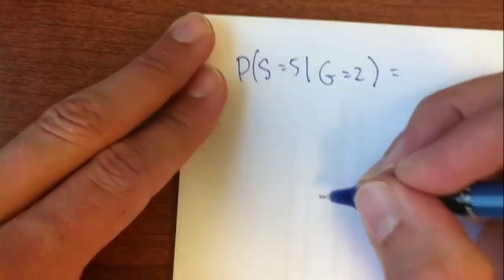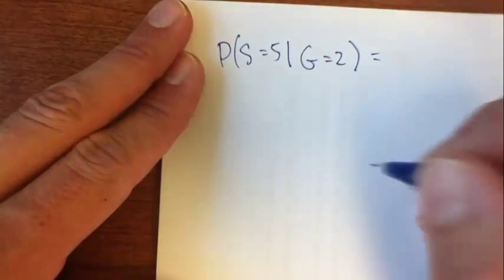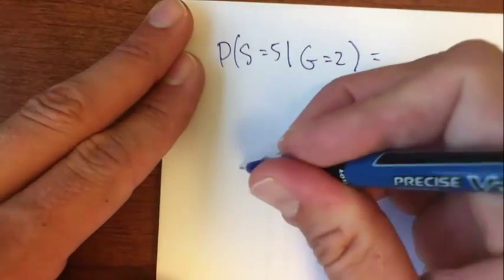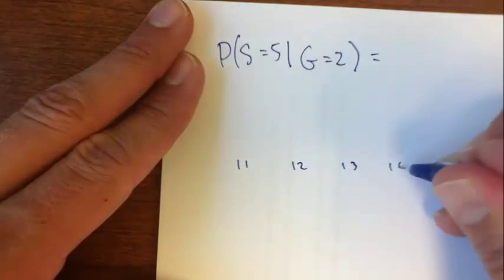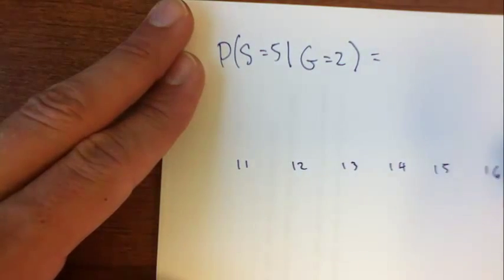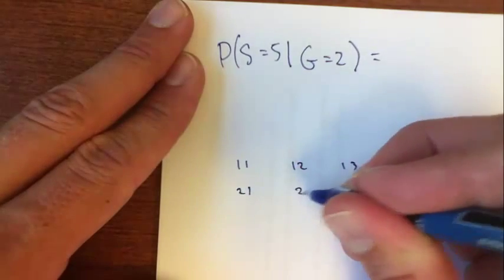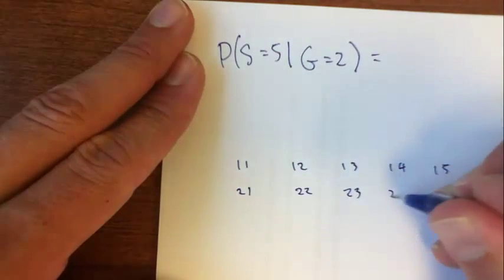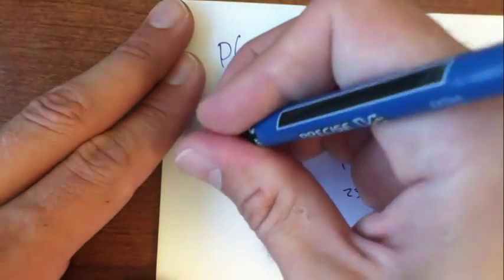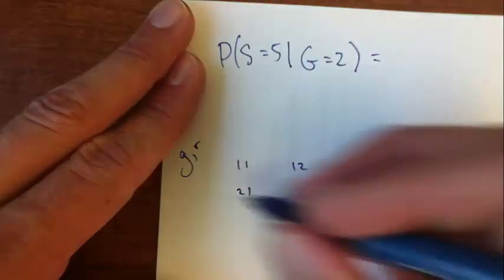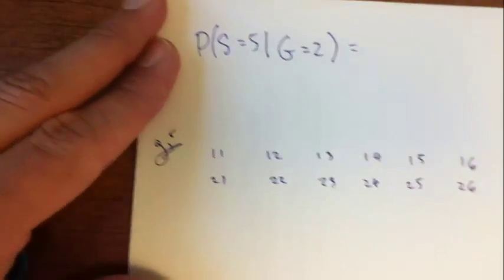Okay? So given that the green die shows a 2, you know what? I'm getting a little confused here. I think now would be a good time for me to draw out my sample space. And by the way, I'm putting green on the left, red on the right.